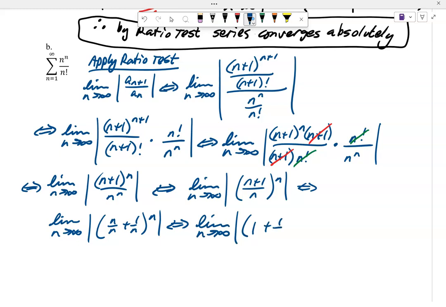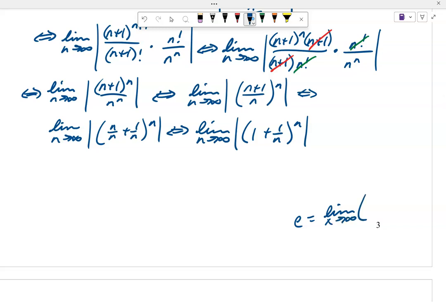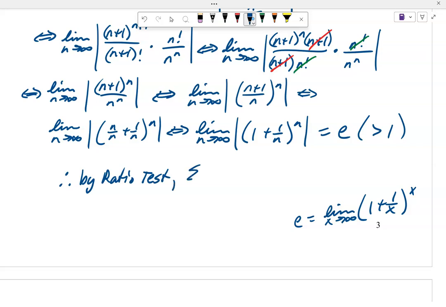Which is 1 plus 1 over n, to the n. And maybe at this point you remember the definition of e. So this is e, as I'm running n to infinity there. This is e, which of course is bigger than 1, 2.718. Our ratio test then says that the series we started with diverges.